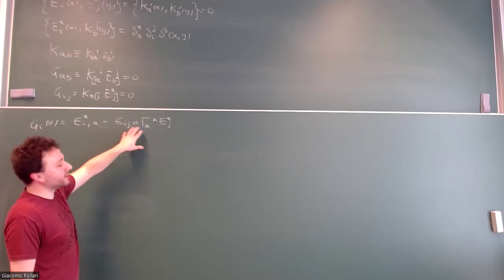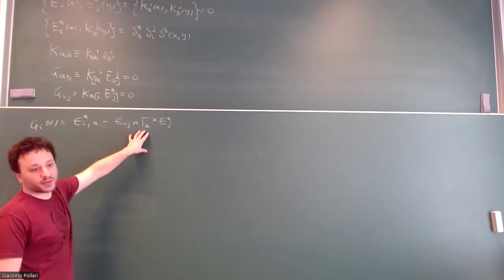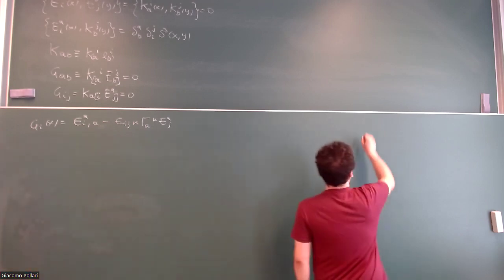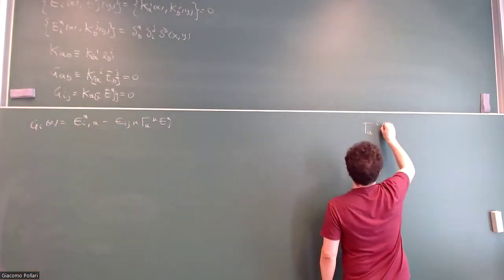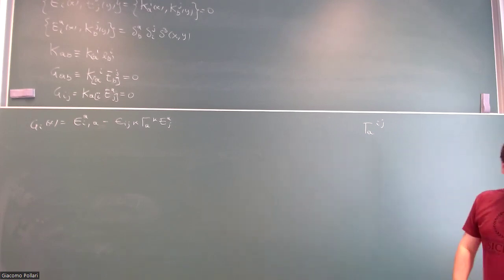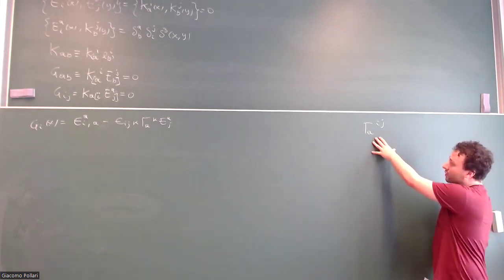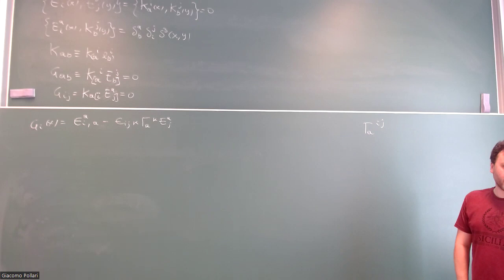How did we get to this? Why is there this epsilon, I ask? Because the gamma ij is the three-dimensional spin connection constructed only from the triads, not from the fields.